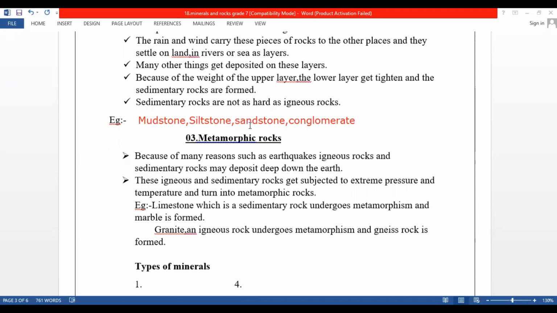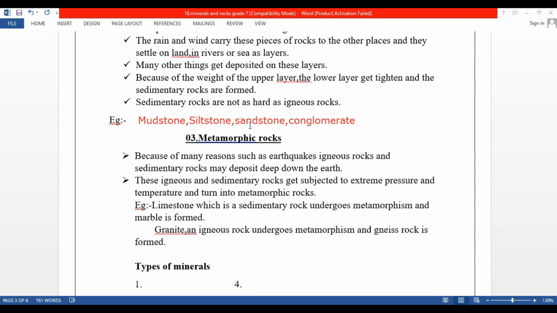Next one is metamorphic rocks. Because of many reasons, such as earthquakes, igneous rocks and sedimentary rocks may deposit deep down the earth.